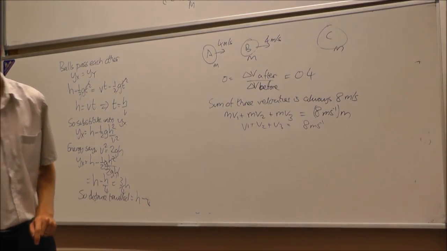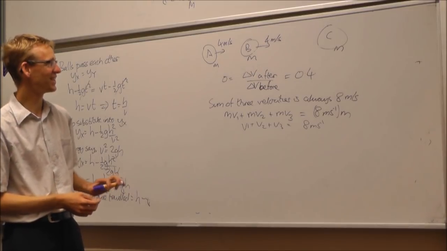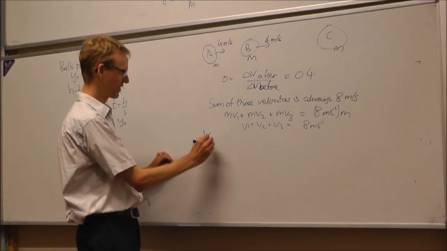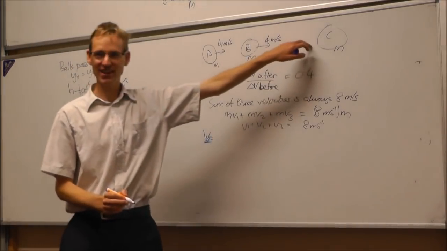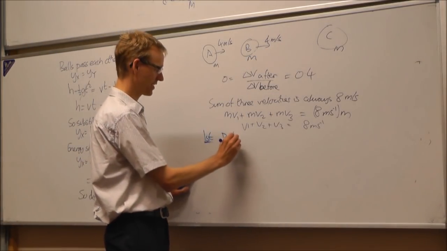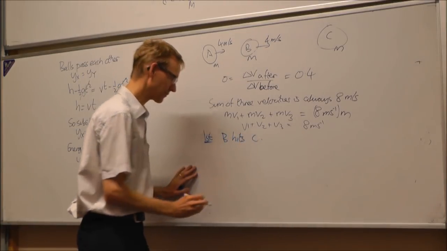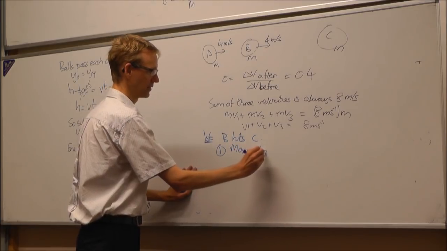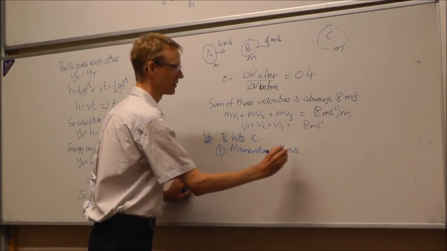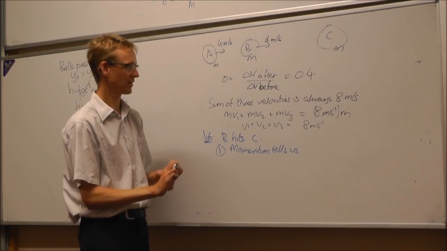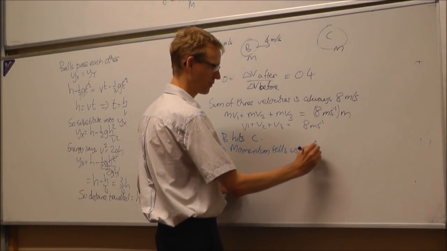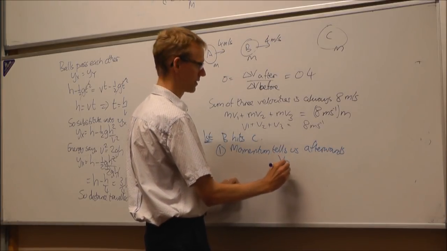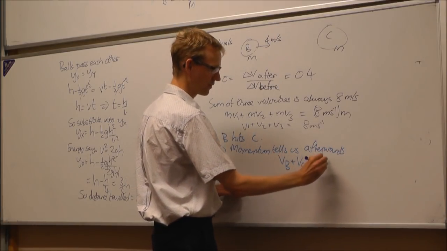They've got a lot of lines for this one, which might hint that there are a lot of calculations to do. Okay, so first, for sure, B is going to hit C. So momentum tells us that afterwards VB plus VC is 4 meters per second.